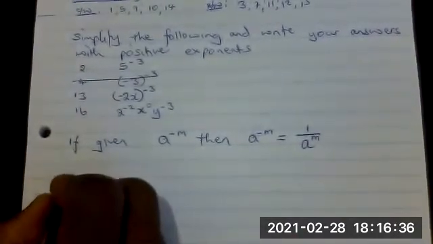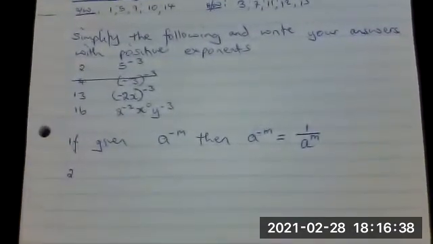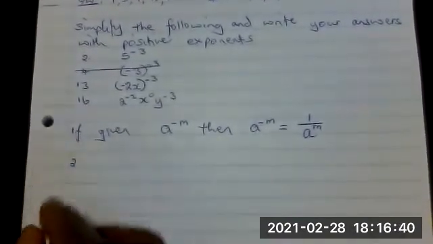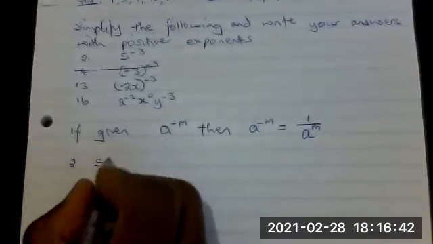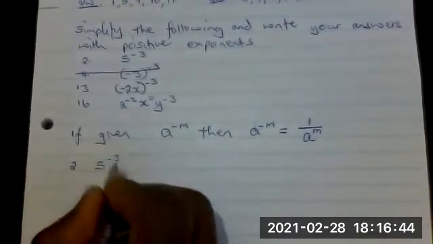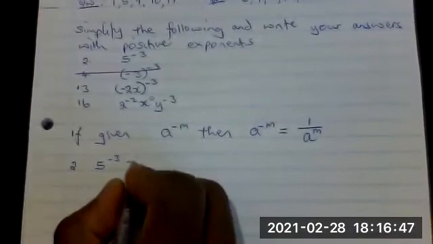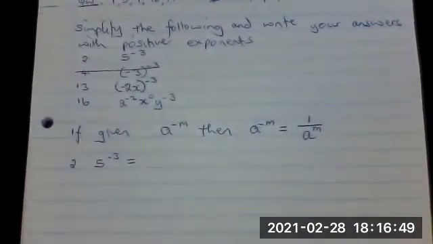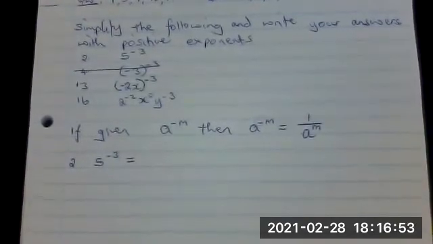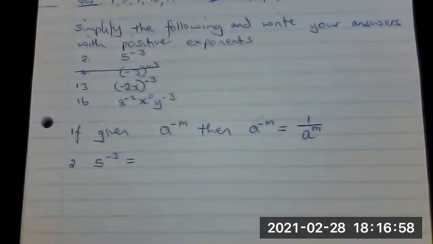So let us now look at number 2. We are given 5 to exponent negative 3. What is it going to be when we simplify it? Remember, from the law, a negative exponent means the base goes into the denominator.